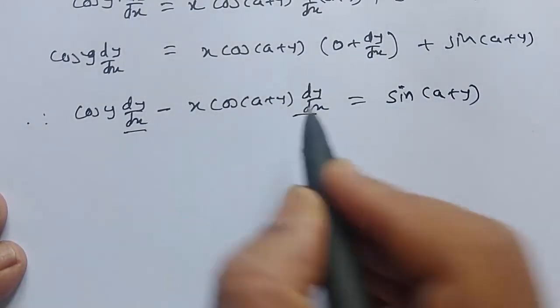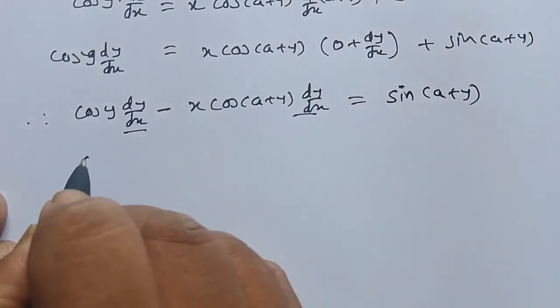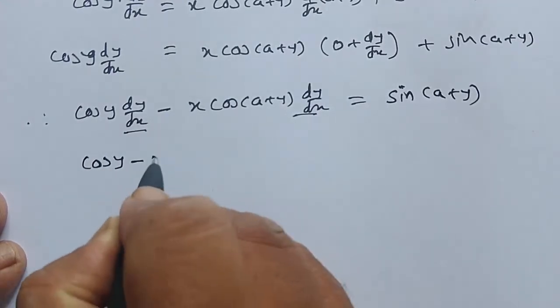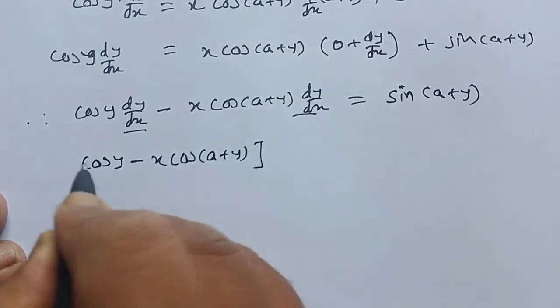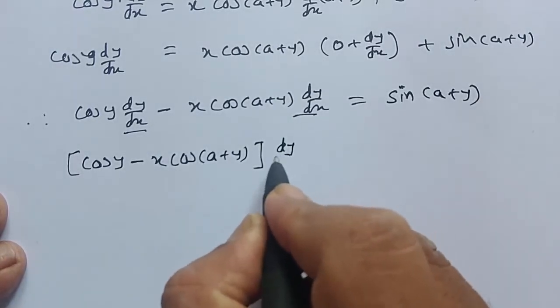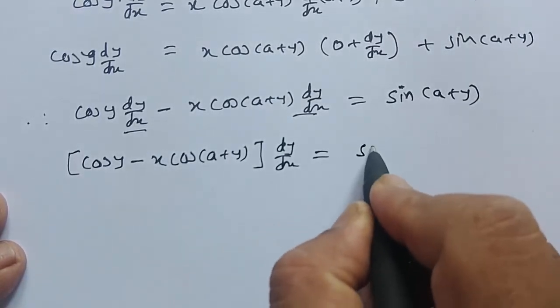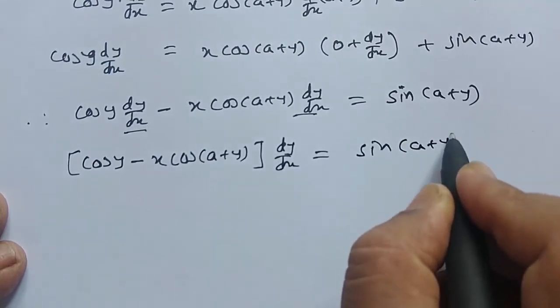Now taking dy/dx common, (cos y - x cos(a + y)) dy/dx = sin(a + y).